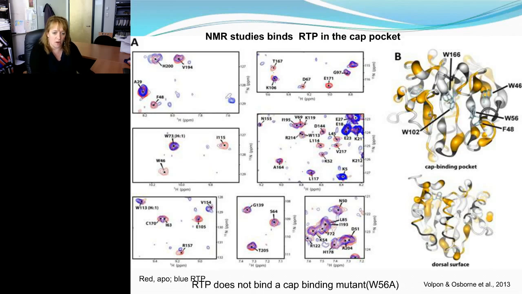We can see in these NMR spectra, where red is ApoEIF4E and blue is RTP-bound 4E, substantial perturbations, again supporting the idea that these are direct binders and RTP is binding directly in the cap binding pocket. I note also that RTP does not bind a cap binding mutant where W56 is mutated to alanine.